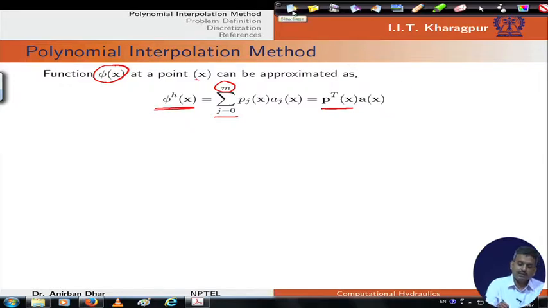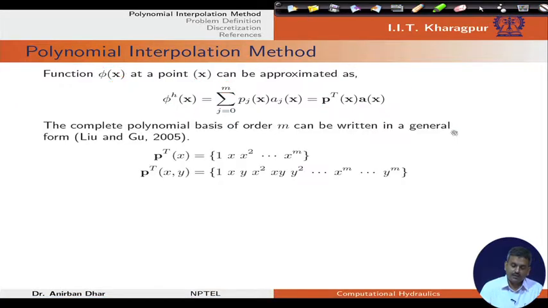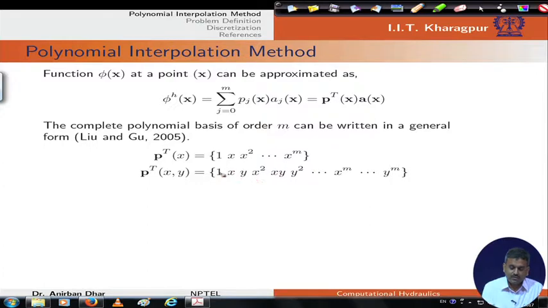So, in this case we can use the concept that we have learned in our previous lecture class. This is p transpose, which for one dimension is 1, x, x square, up to x to the power m. That means we will have m plus 1 number of terms here.